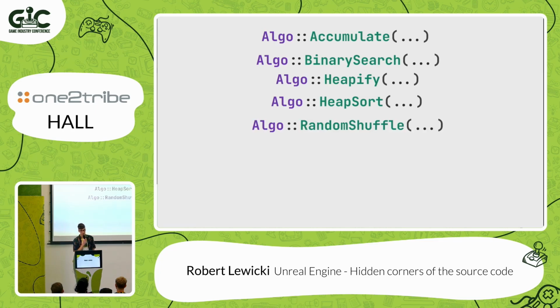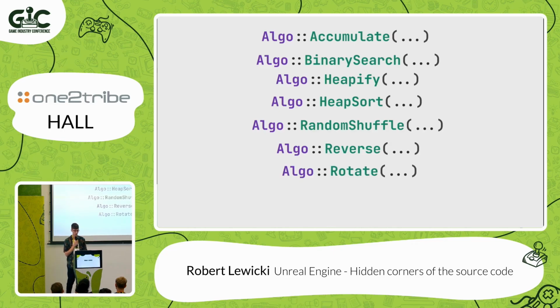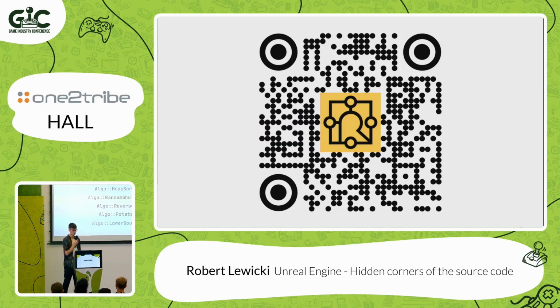There is random shuffle. The amount of times I was Googling and going to Stack Overflow looking for a random shuffle algorithm is insane. And it's right there. You can just use it. There is reverse, which basically takes your array or the container and reverses the order. There's rotate, which takes n elements from the beginning of the array and pushes them to the end.